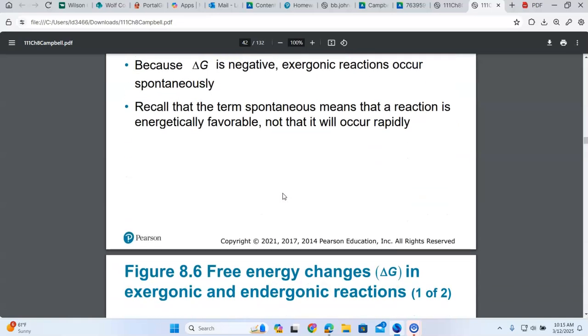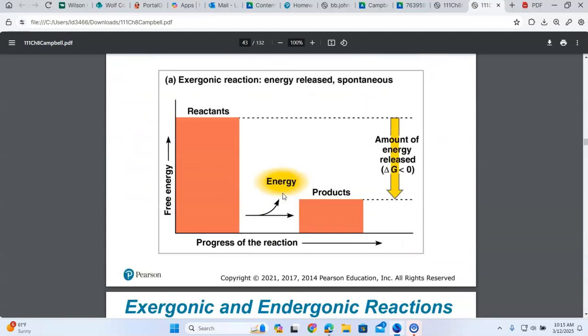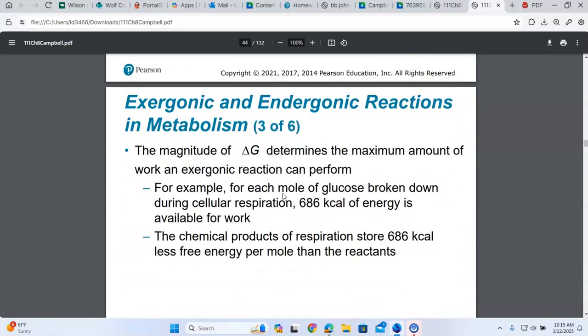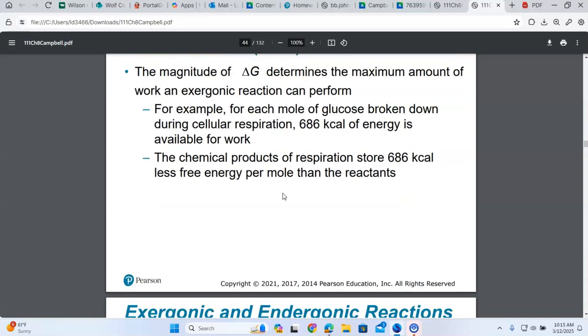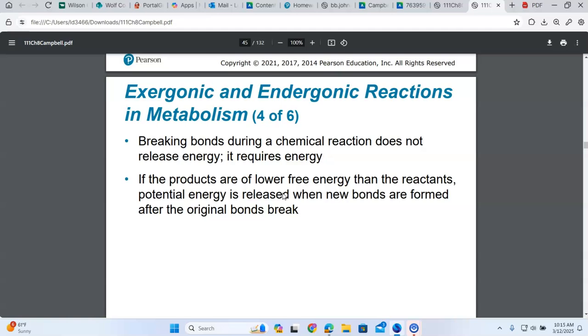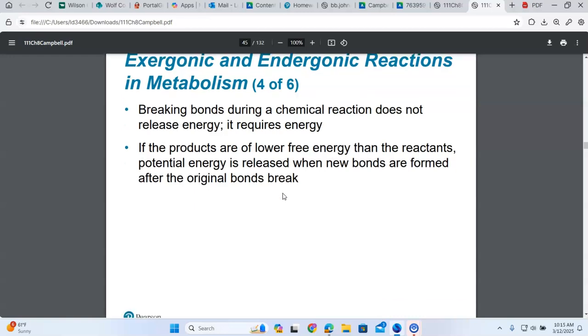Now, any questions about whether or not the reactions occur spontaneously, I definitely will not ask. Whether change in G is negative or positive, no, I will not ask about that. I just want you to understand that exergonic releases energy, endergonic requires energy.